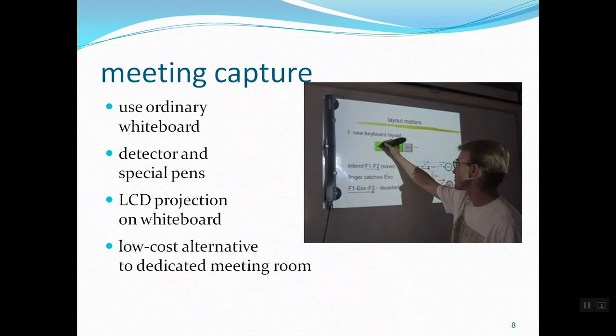The coordinator will be able to highlight certain parts of the contents of a particular slide by using these special pens, which definitely creates more interest for the attendees. So all these are various options that can make meeting rooms more effective.